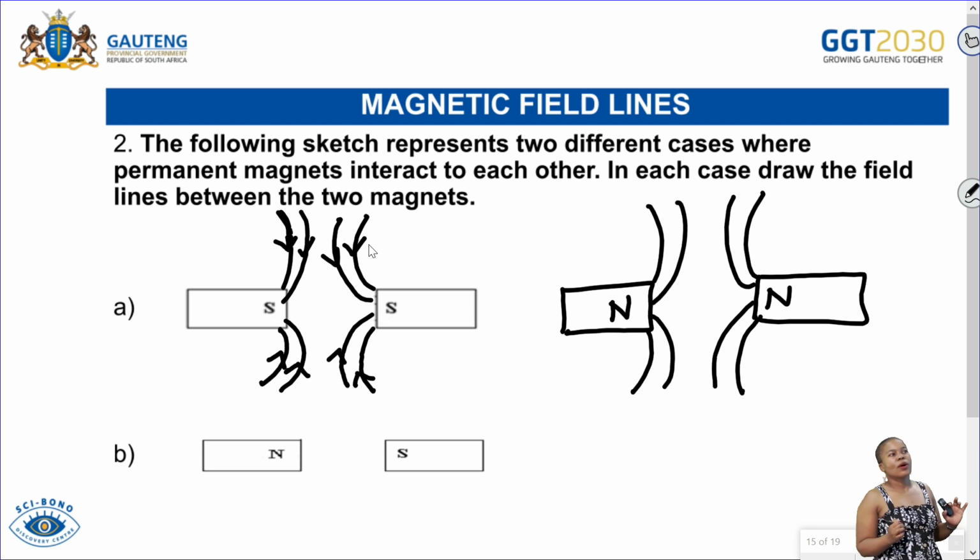Right? So they are moving away from north, because they're always moving from north to what? To south. So your arrows will be showing an outward movement, not an inward movement. Okay, so that's how it would look like.